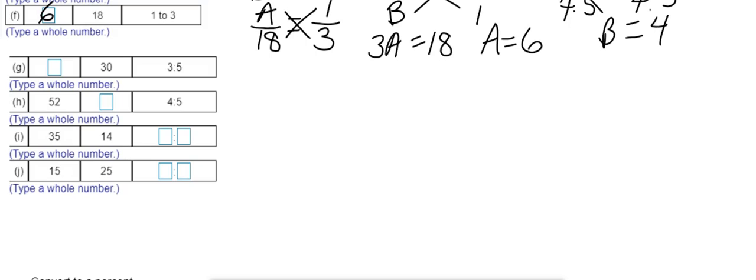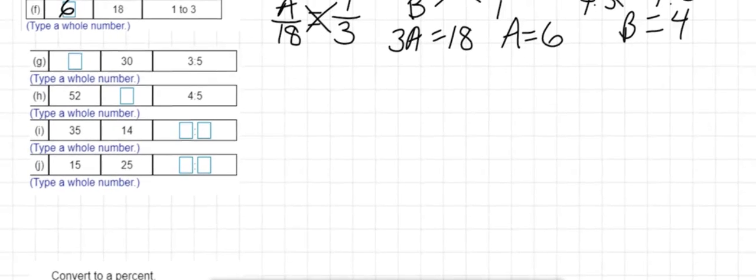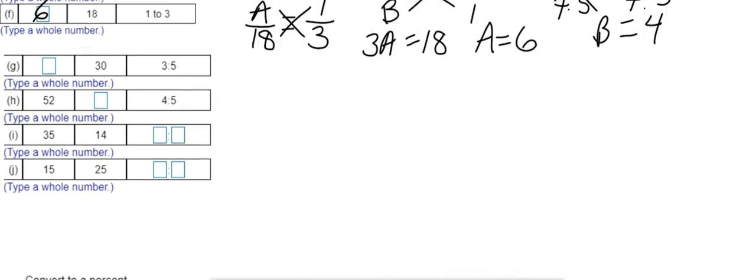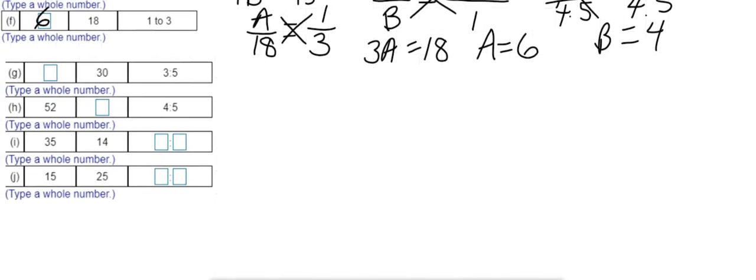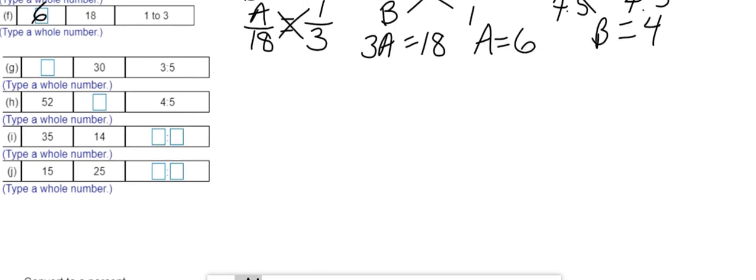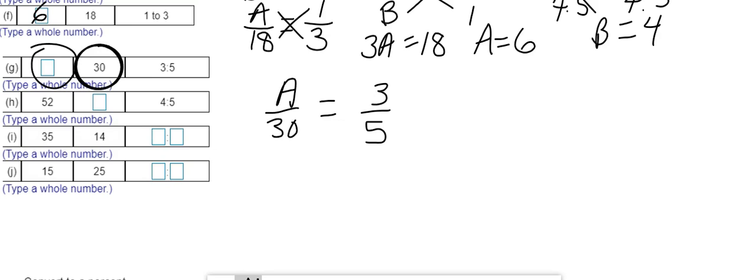On letter G, we're going to do the same thing. We have A, which is unknown. Let's try this. We have A to 30 equals 3 to 5.